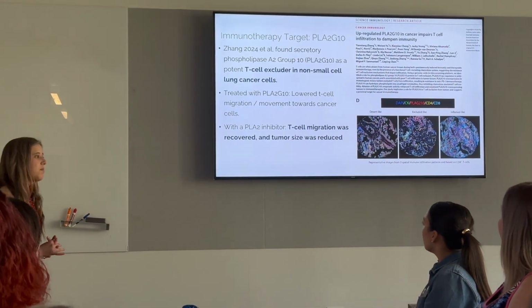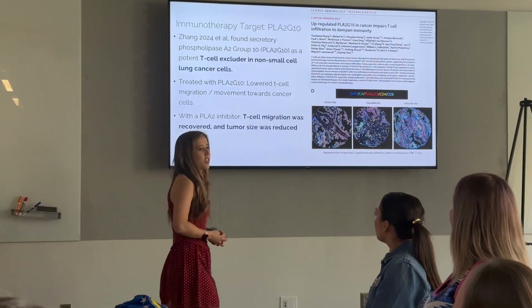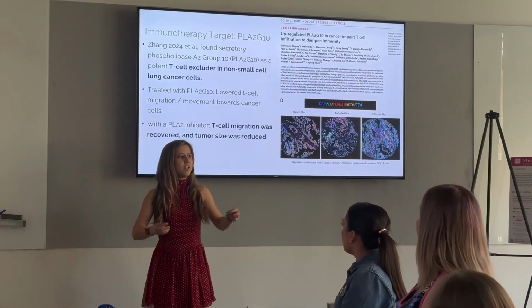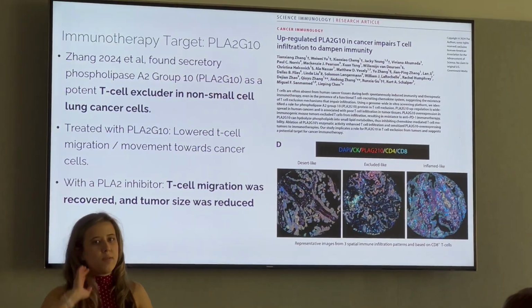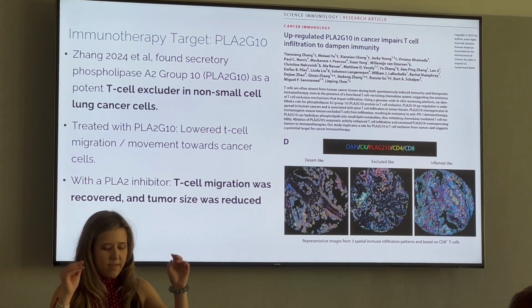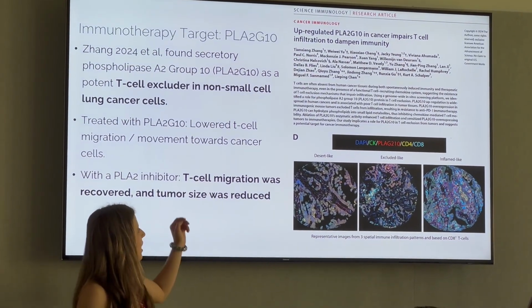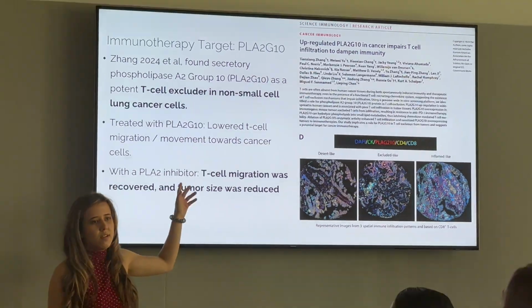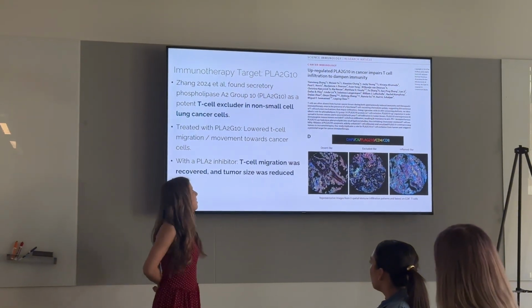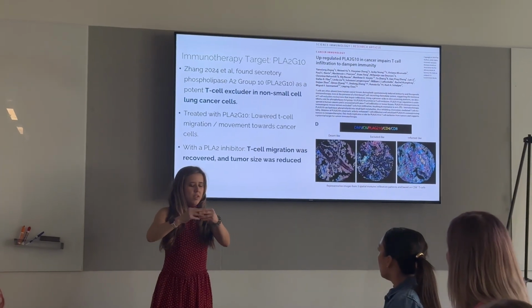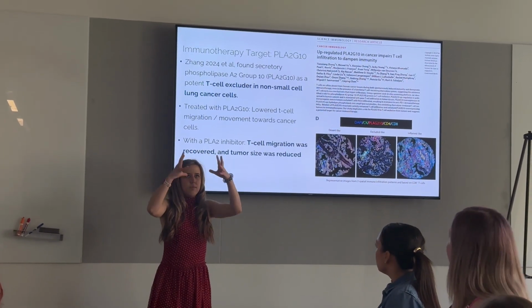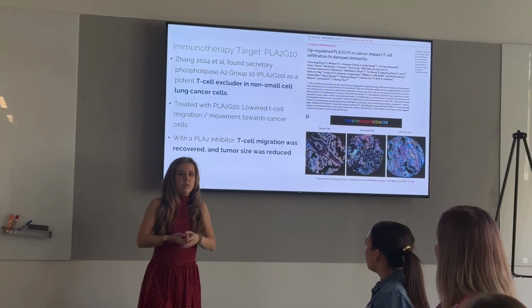PLA2 group 10 may be a T cell excluder, and its effect of creating all of those little lipid trimmings may be responsible for creating this lipid environment that prevents chemotaxis, as we saw in this in vitro data. They had these chambers where they have tumor cells on the bottom chamber, and the chemoattractants placed with PLA2 group 10 acting.